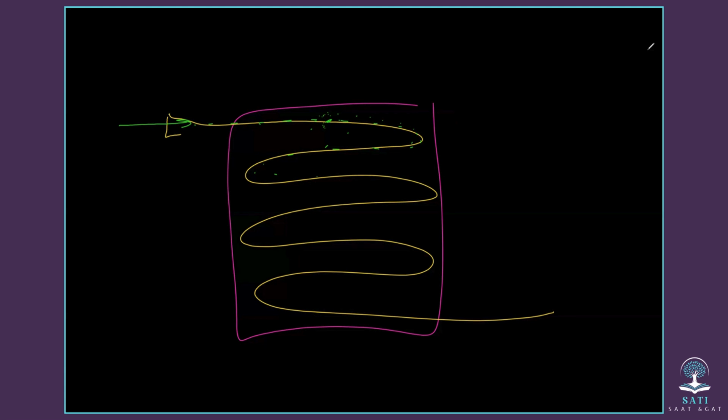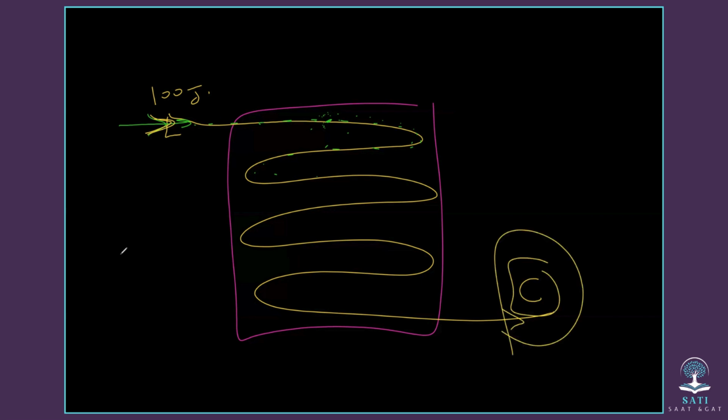So now this water or this steam, when it starts moving here, for example, the energy of it was 100 joule. When it goes back now to the cold reservoir, it started from the hot reservoir, then it moved to the cold reservoir.